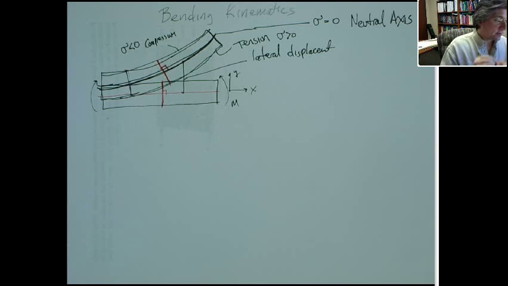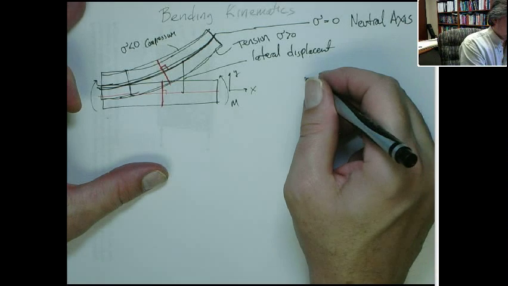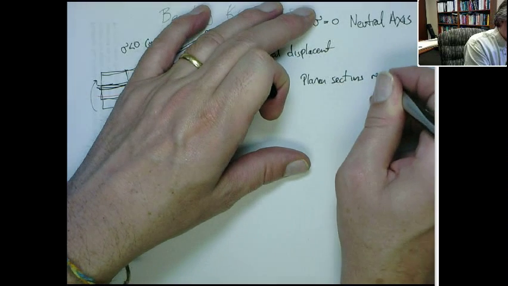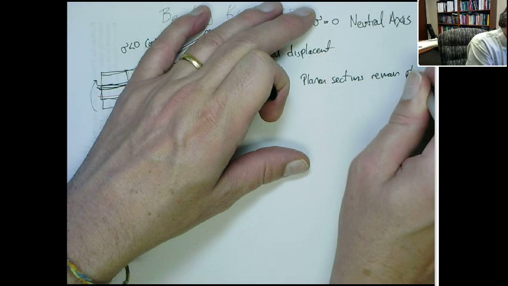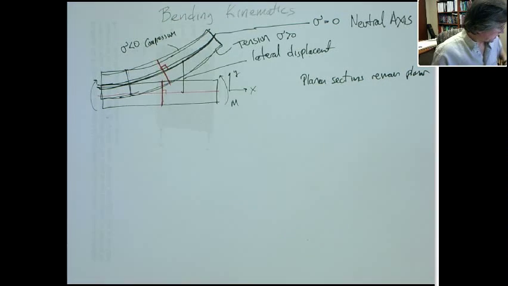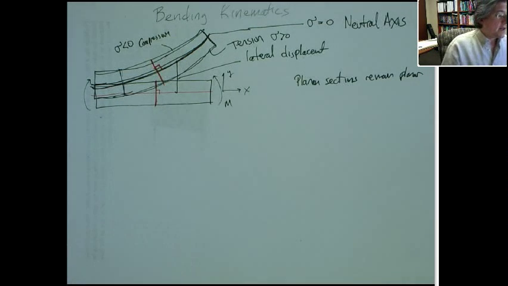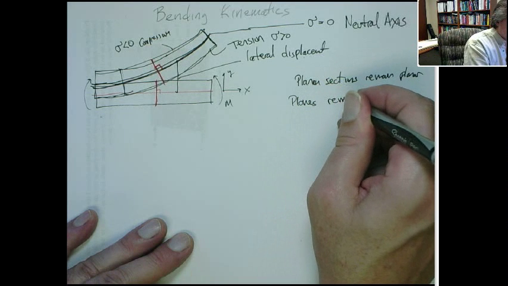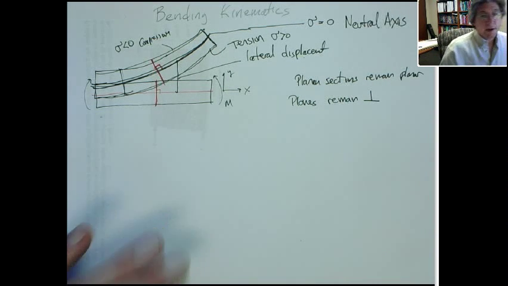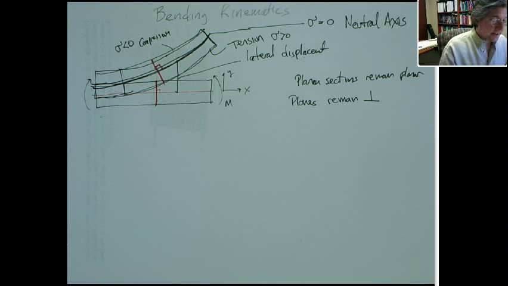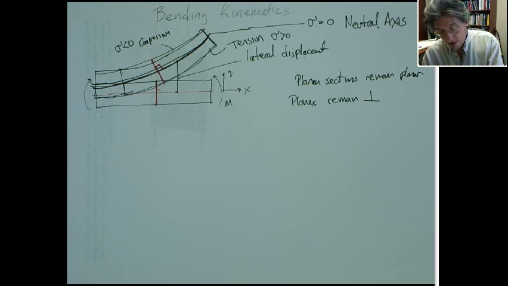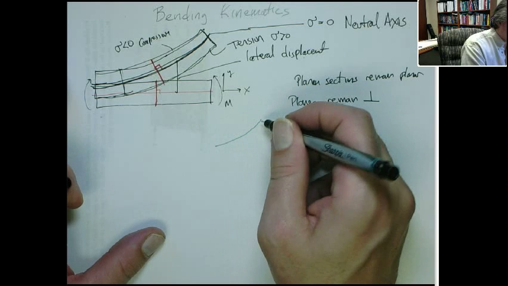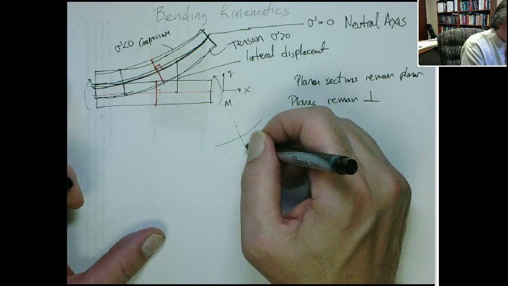So that's the second assumption: the cross-sections stay in a plane, and the deformed planes remain perpendicular. So what we're not seeing is anything like this, which is actually what happens, attributed to shear. Normally, what you see is a perpendicular plane.